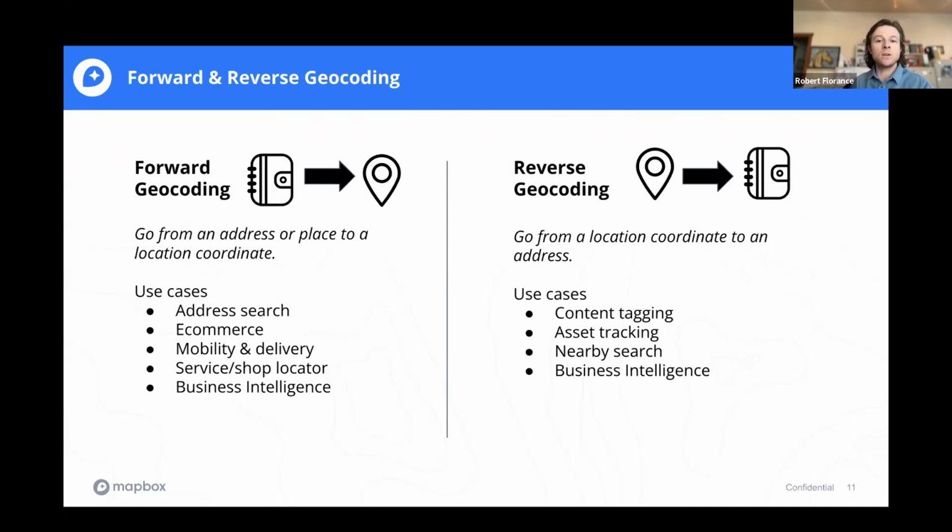Another use is asset tracking. There are companies that want to record where their delivery trucks have been for regulatory purposes. Another is nearby search. You can grab the latitude and longitude from another geolocation service. We don't offer geolocation directly, but you can pass us a coordinate, know where that user is, and search for things around them.